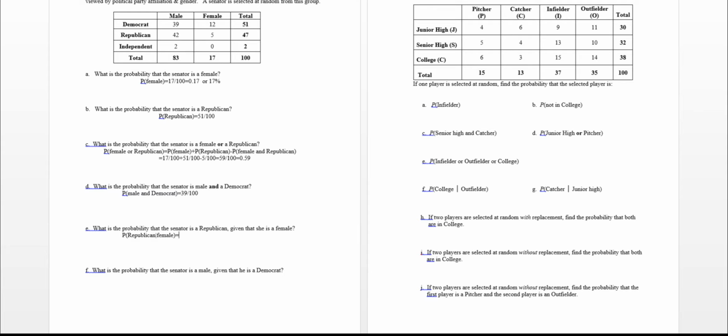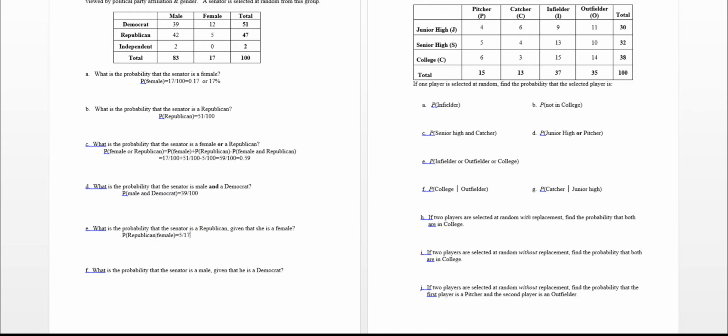A through D was all about looking at all possible people. What am I drawing? And this is, I've already drawn a female. How likely is it that it's a Republican? So I know more information than I did before. So I look at all of my females, because I already know I've drawn a female. So my total is now the 17 I'm dealing with. And of those, only 5 are Republican. So 5 out of 17. Hopefully that made sense to you.